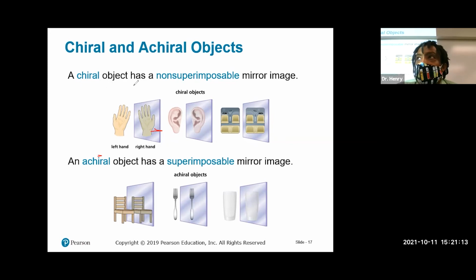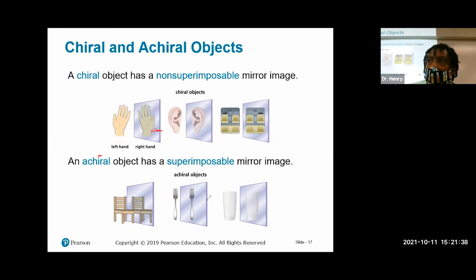Okay. So these guys, the chiral structures, they're not going to be superimposable, right? So they can't be superposed on each other. So like a hand, you know, we put them right on top of each other. Thumbs here. Whereas in the case of an achiral structure, it is superimposable.